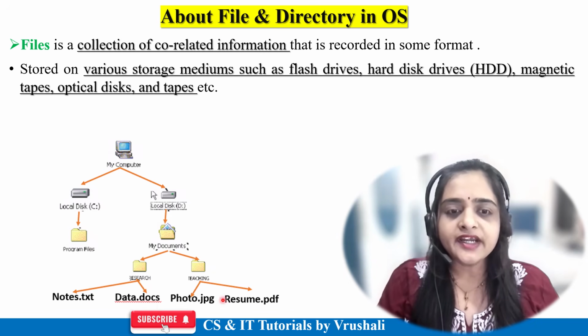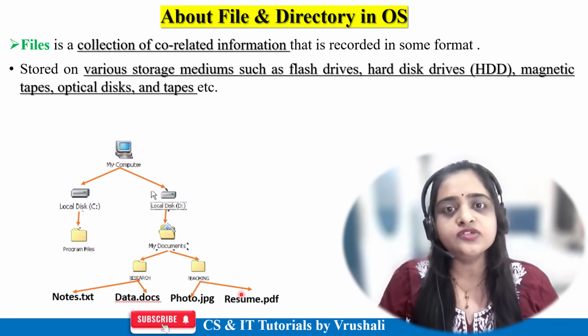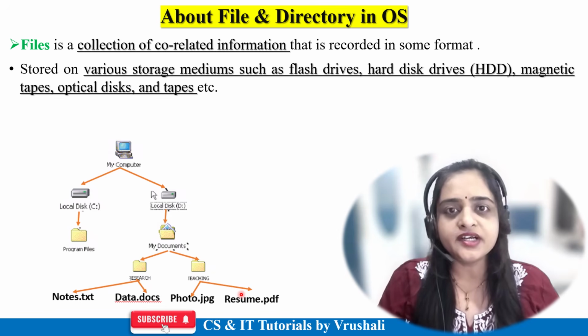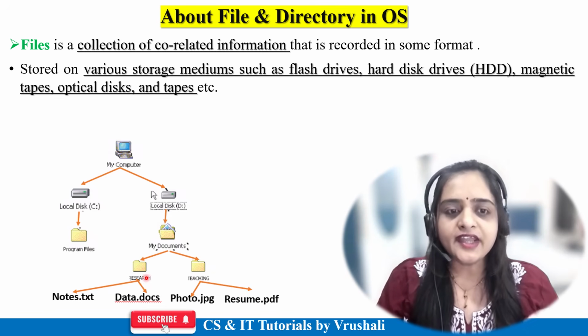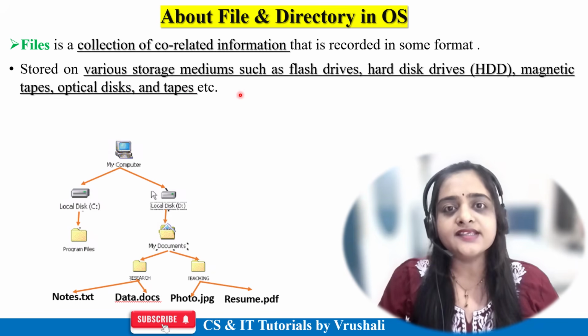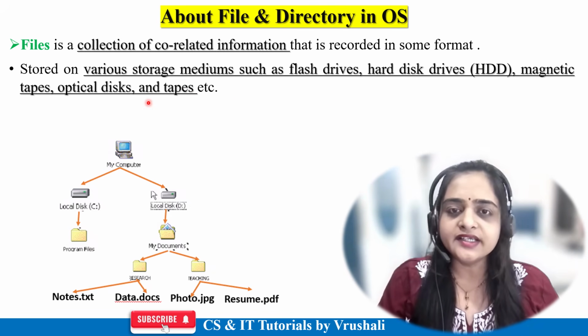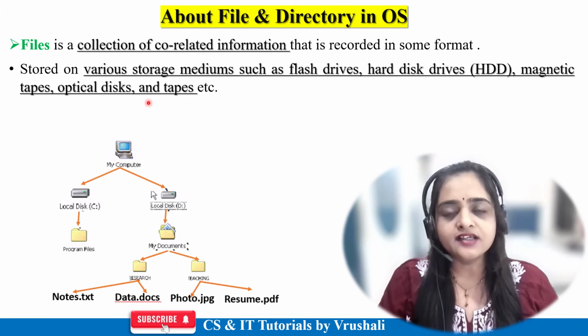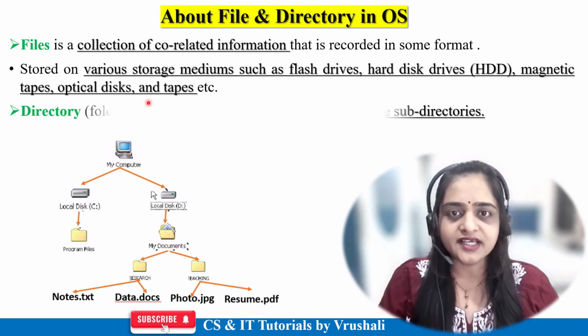So these are all different types of extensions used for files for storing different types of information, and we can store these files on different types of storage medium, like some files in a flash drive, in your hard disk, then optical disks, in your pen drive, right? So different types of storage mediums are there.